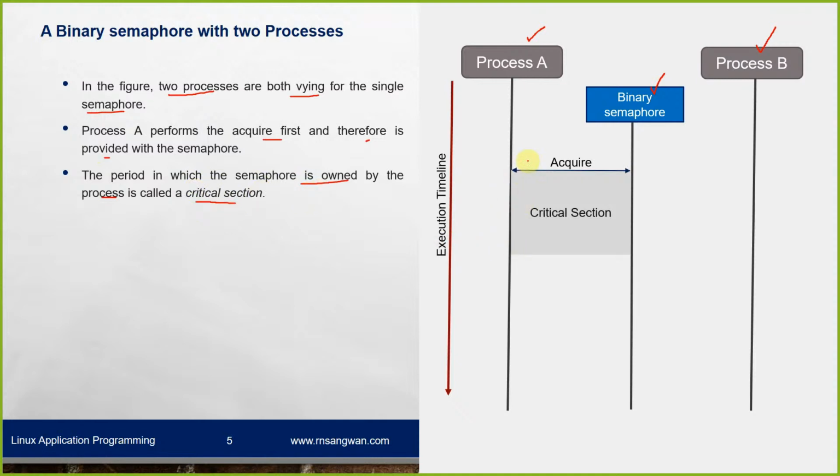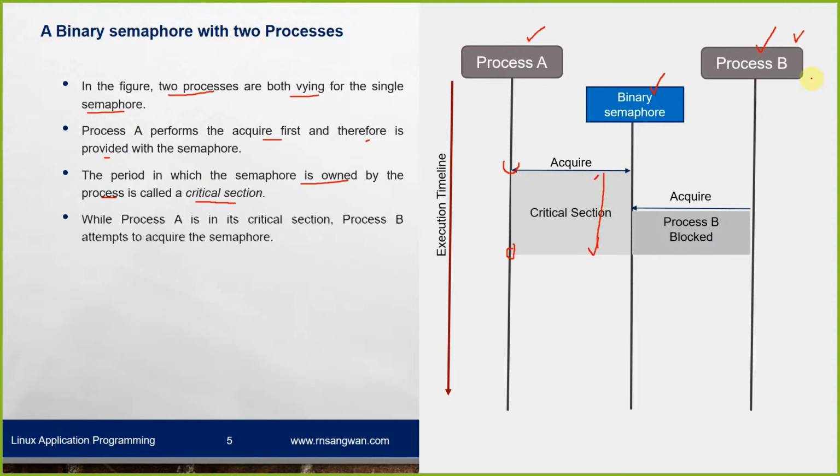So process A intends to release it at this point as the time is passing. Now during this period, if process B tries to acquire the same semaphore, then what will happen?